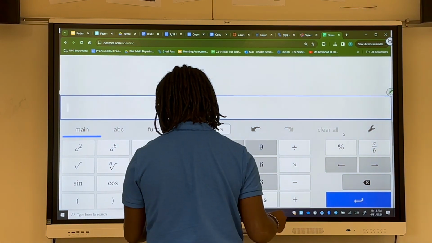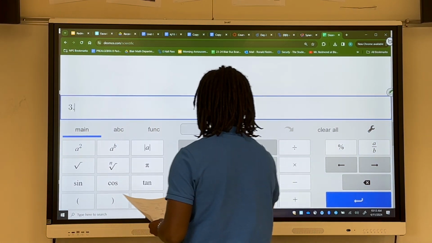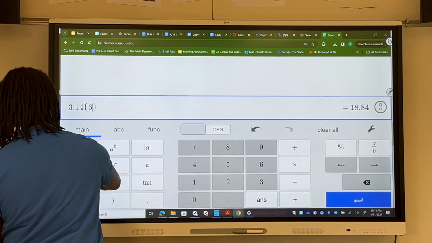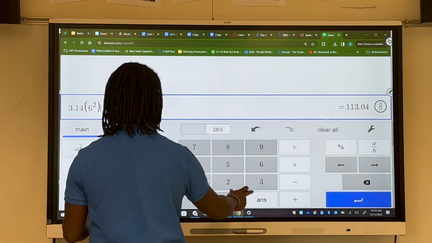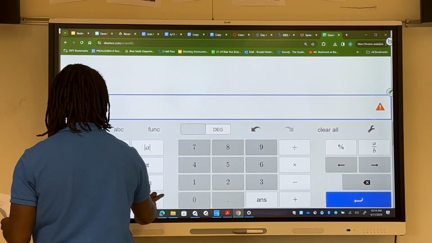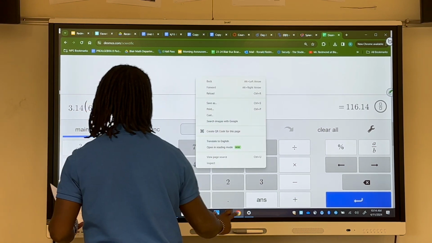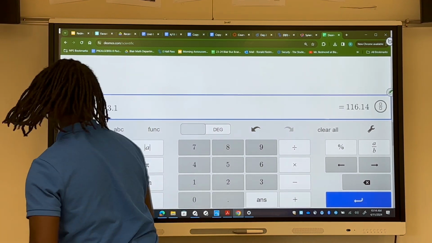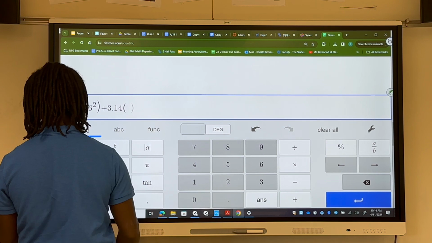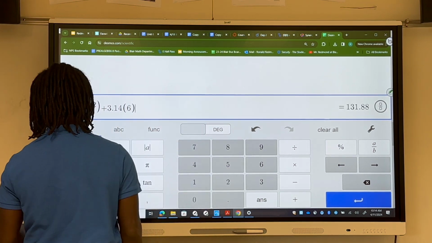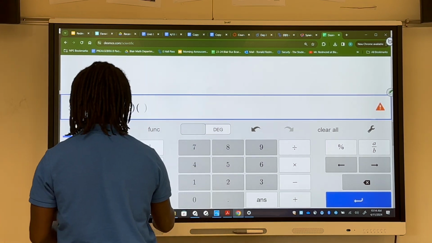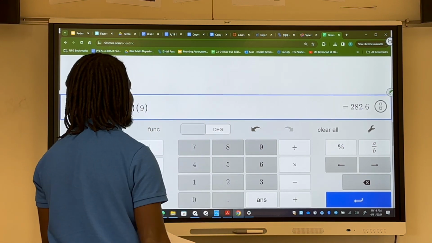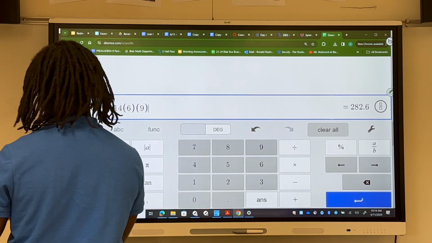So let's do that. So we got 3.14 times 6 squared, the radius squared, plus pi again, 3.14 times the radius times the slant height, which is 9. And that gives me my answer, which is 282.6.